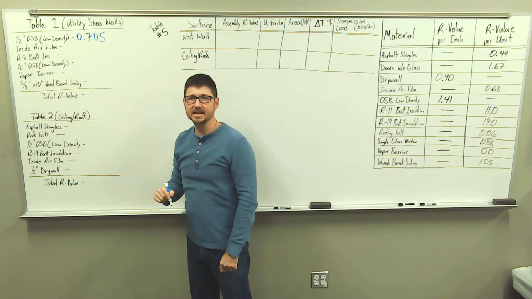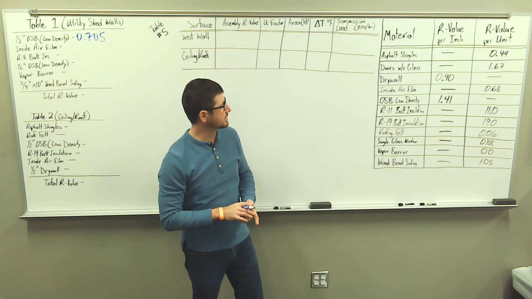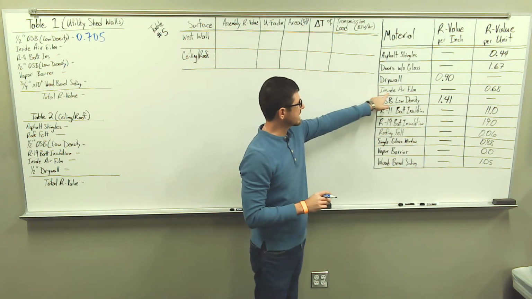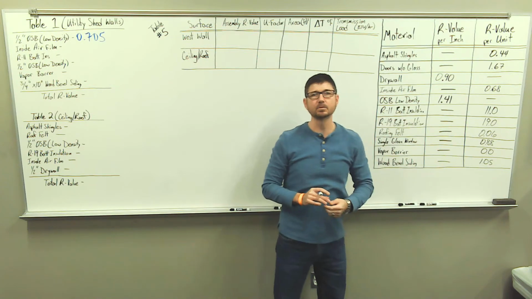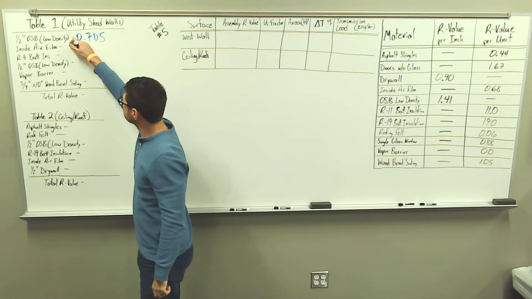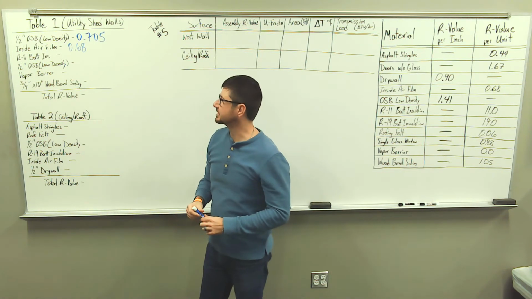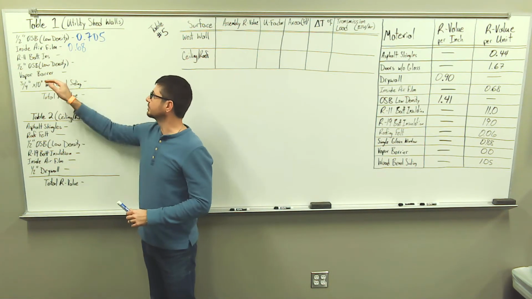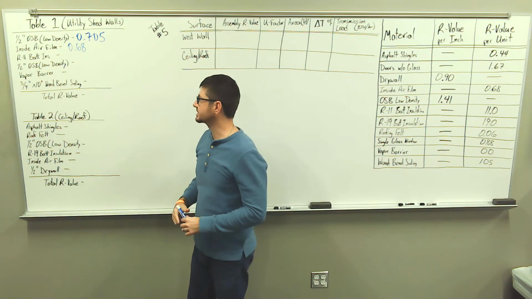Then we have the inside air film. Once again, we look in the appendix of the assignment, locate the inside air film, and we have an R value per unit of 0.68. Then R11 batt insulation. The R value for R11 batt insulation is 11.0.